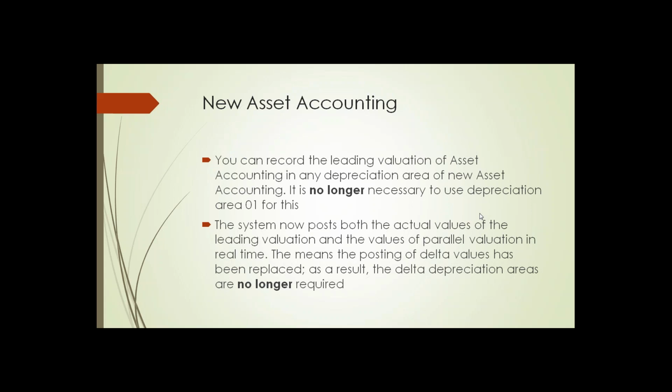If you just want them for reporting purposes, you don't post at all. But if you want postings, then you don't post in real time; you only post the APC values. But now going forward, you can post in real time to all depreciation areas, irrespective of whether it is a leading depreciation area or not.